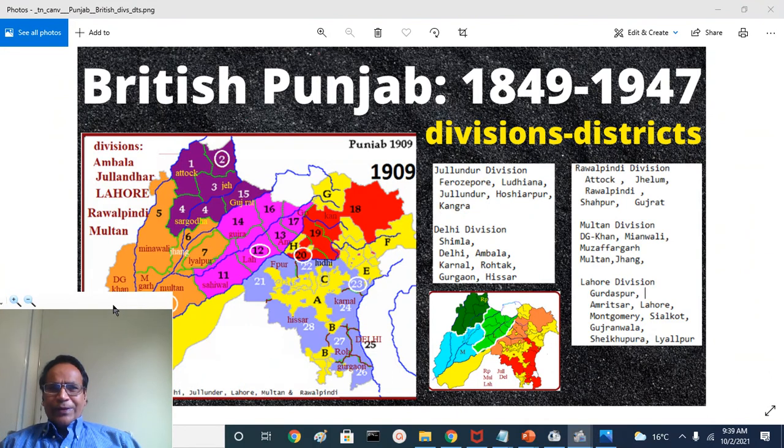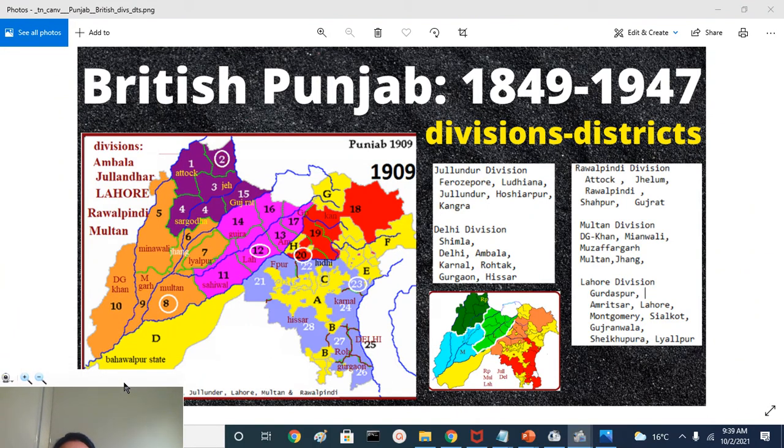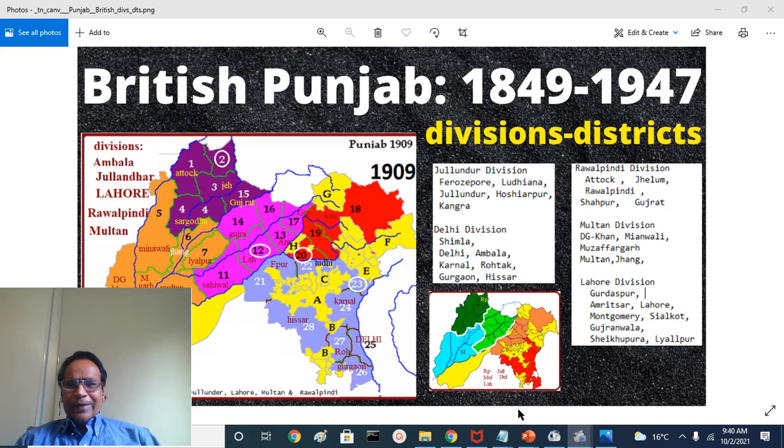So that is essentially the 5 divisions of Punjab. Here we can see Ambala division or Haryana division. Then we have Jalandhar division. We have the central Lahore division, and the western, predominantly Musalman populated, Muslim converts lived here, that is the Rawalpindi division and Multan division.